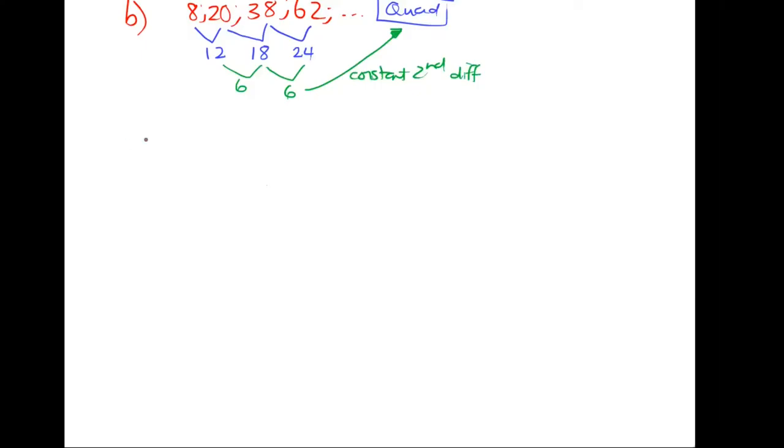Now let's answer the question. What is the fifth term of the sequence? You've got to say to yourself, what would you have to add to get the next term? I don't want you to give me the answer, I want you to tell me what I am going to have to add.